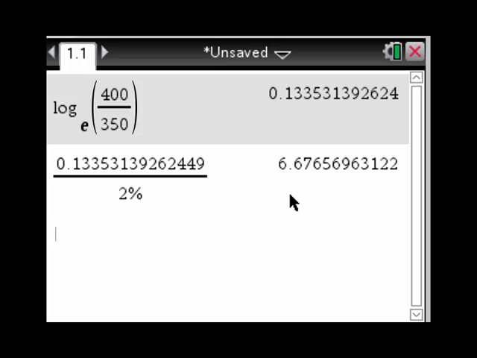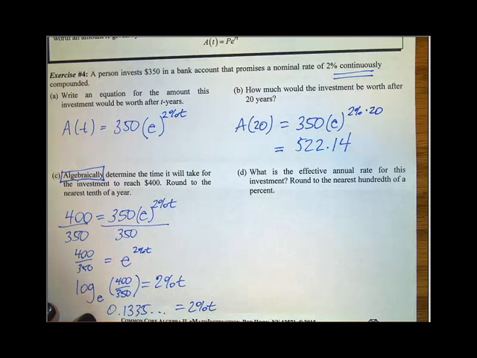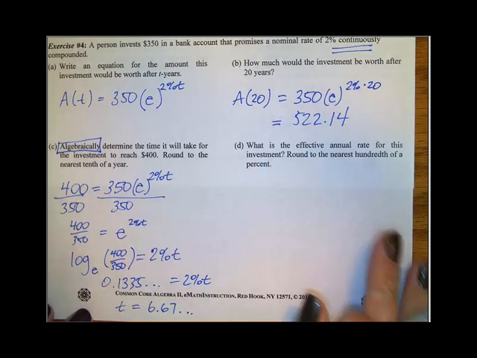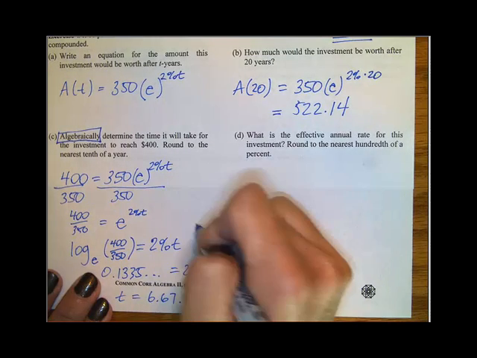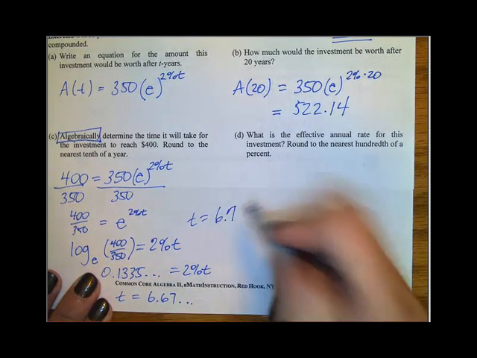And our answer is 6.676... So on our paper, we are putting our answer is t equals 6.67... And I'm off the page. And it says to round to the nearest tenth, so that means t equals 6.7.